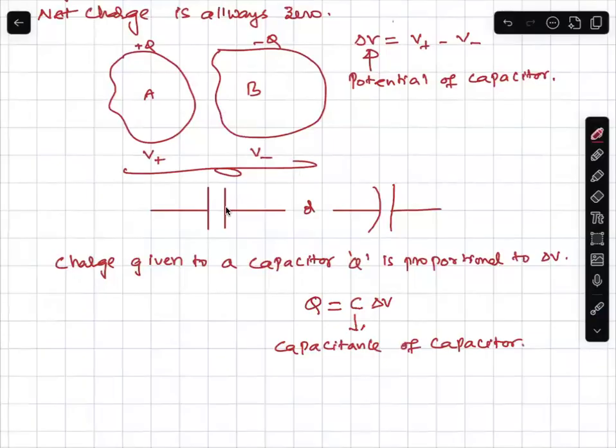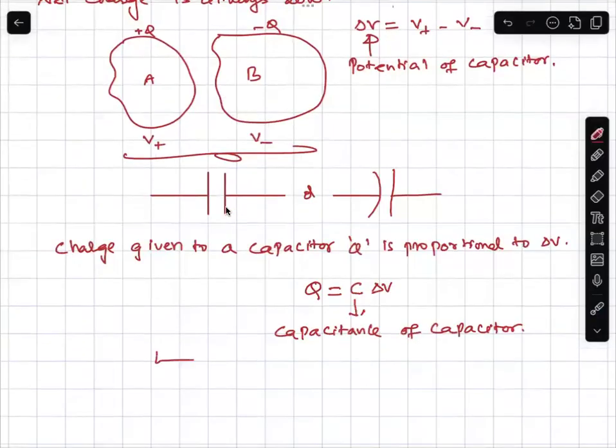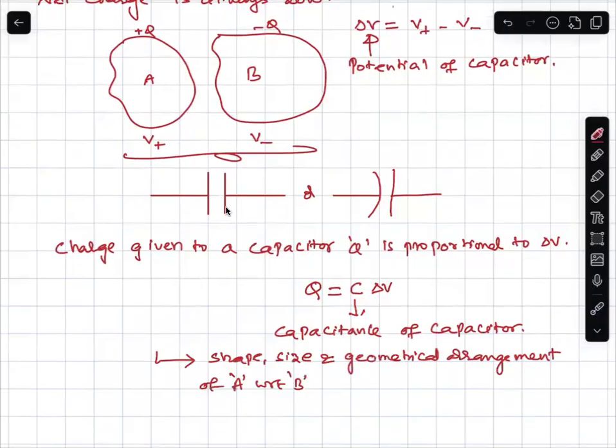And remember, it depends on shape, size, and geometrical arrangement of A with respect to B. I think you got what A and B are here, conductors.